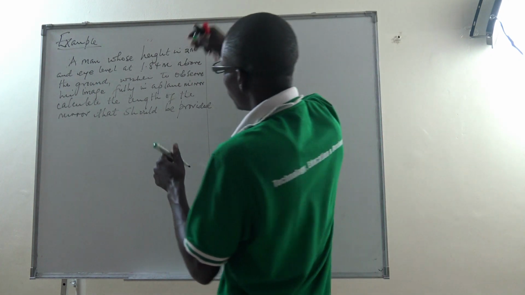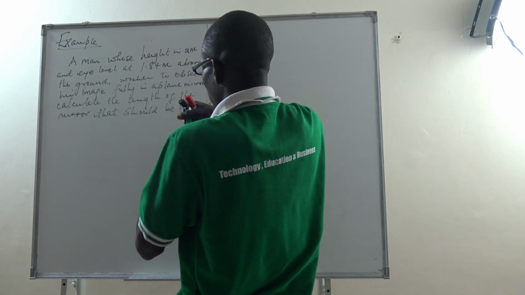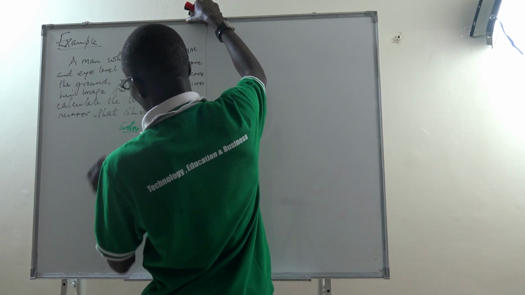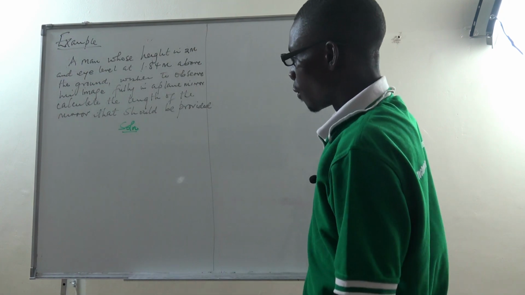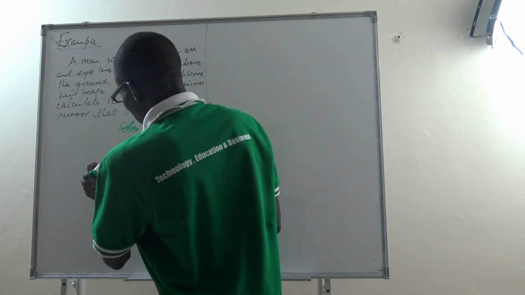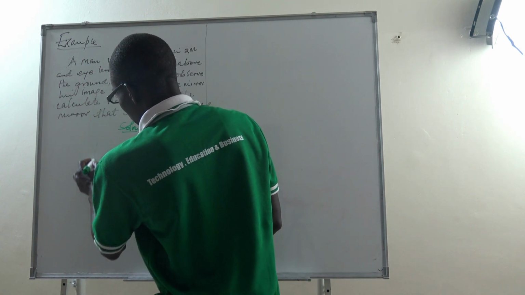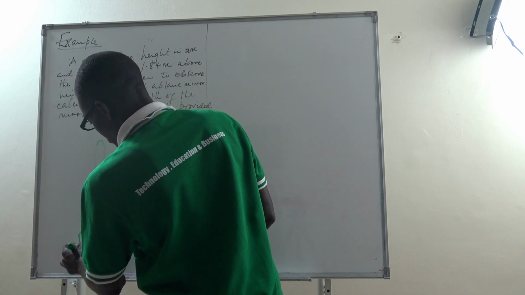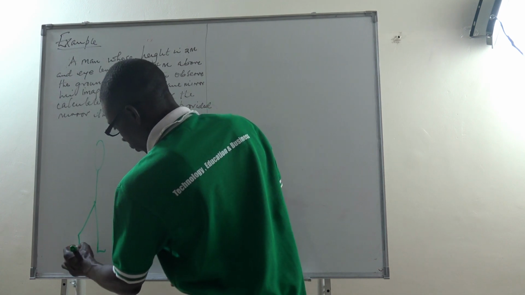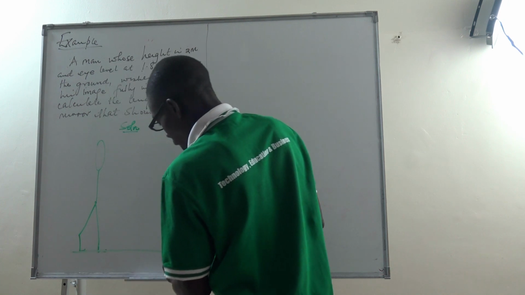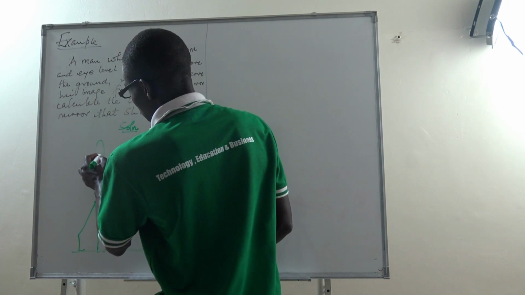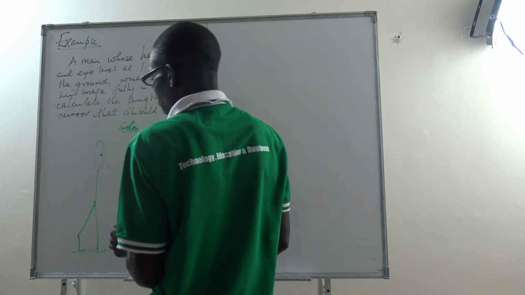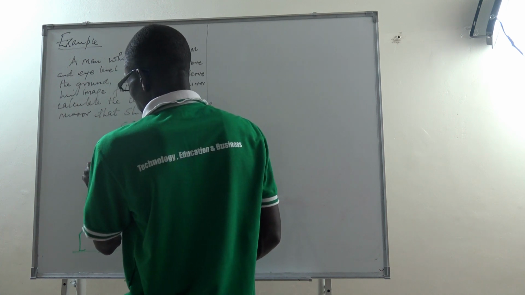So maybe we would first begin by looking at some simple sketch of our idea. Here we are saying that we have this guy here. Don't mind my sketch, but it is just something to help me in interpretation. If this is the ground level, the eye level could be there, okay?